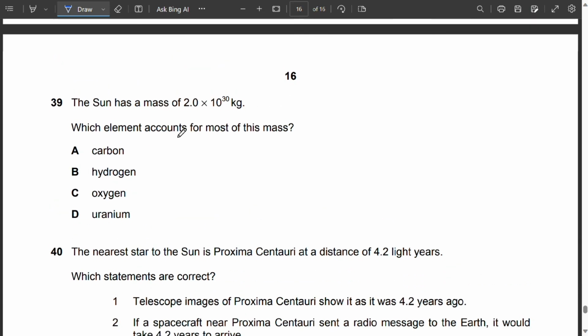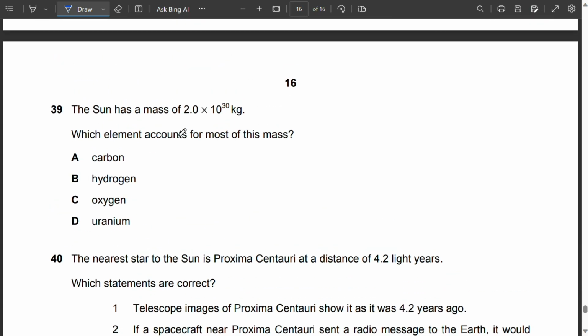Okay, 39. The sun has a mass of 2 times 10 to the 30 kg. Which element accounts for most of its mass? We know that it's hydrogen, because in the sun it's basically the fusion reaction in which hydrogen fuses to form helium, and in this process a lot of heat energy is also released, which keeps the sun shining.